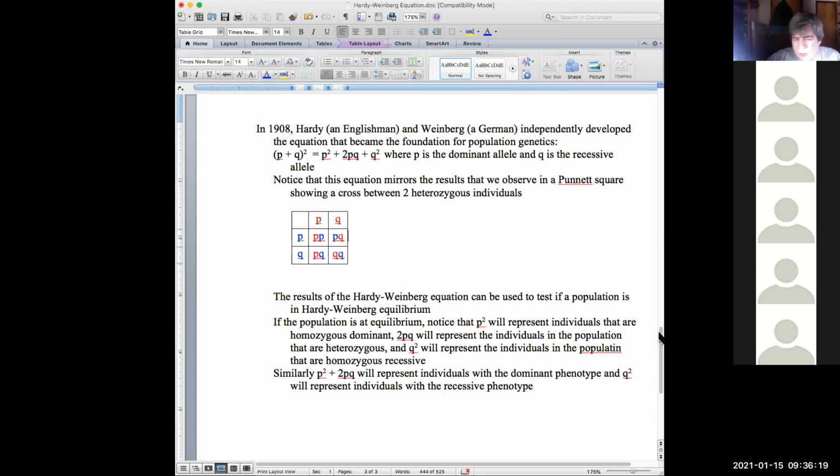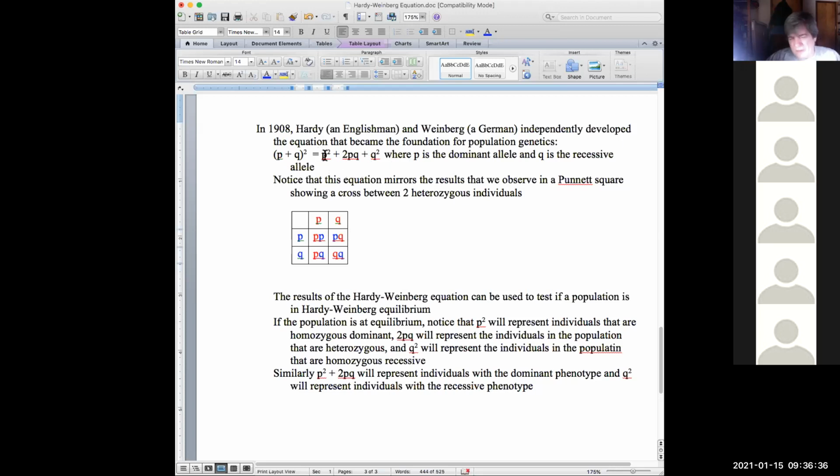So what Hardy and Weinberg were able to show, and they went through some very rigorous mathematical proofs, is that you can use an expression like this to study things about a population.